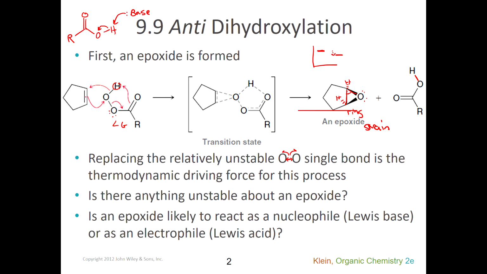As the pi electrons start to form a bond with this oxygen, this pair of electrons stays behind on this oxygen, and you can also imagine it moving in here. Either way, that creates a leaving group by bringing an extra pair of electrons that was shared now onto a different position. So there's a loss of a leaving group, a couple nucleophilic attacks, and a proton transfer occurring there.